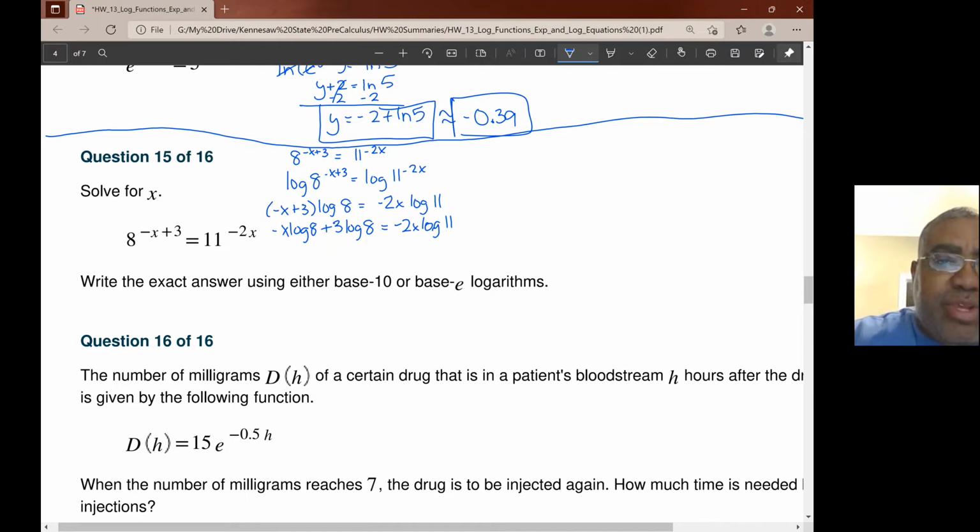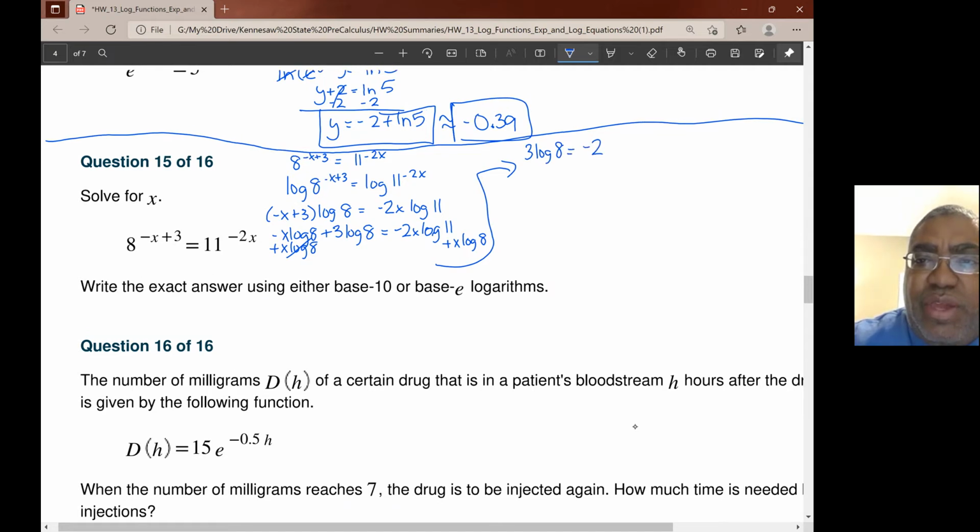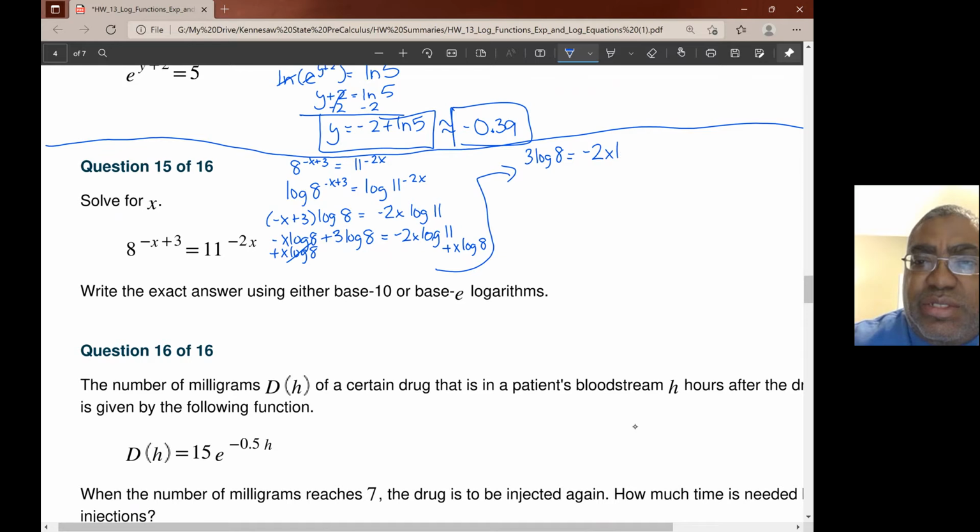All right, I'm going to add x log 8 to both sides because I want my x terms on the same side. Plus x log of 8. So I end up with 3 log of 8 is equal to negative 2x log of 11 plus x log of 8.